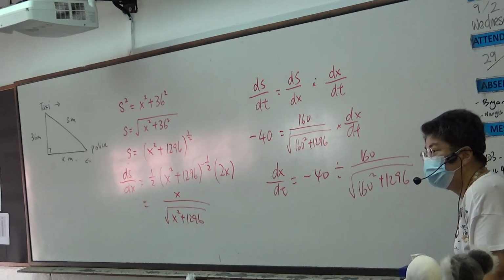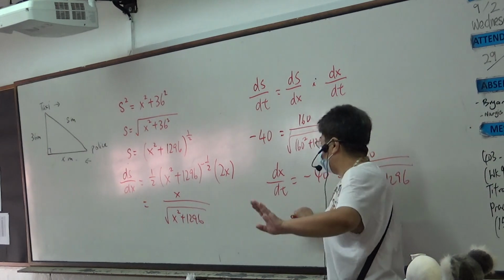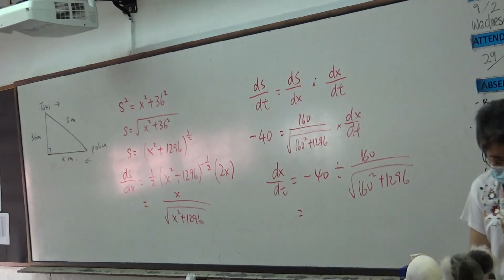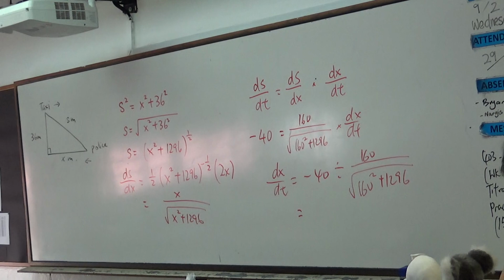Okay, class? All of you key in the calculator. I don't want you to look at the textbook answer. Key now, all of you key. It should be an exact answer. Negative what?